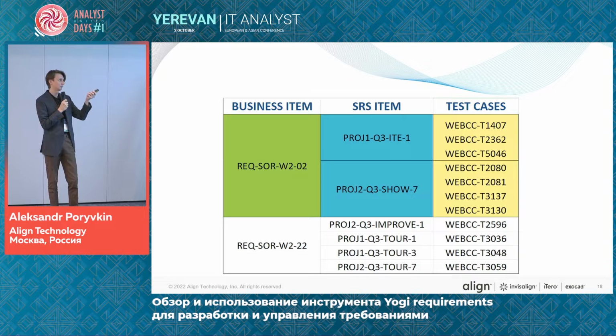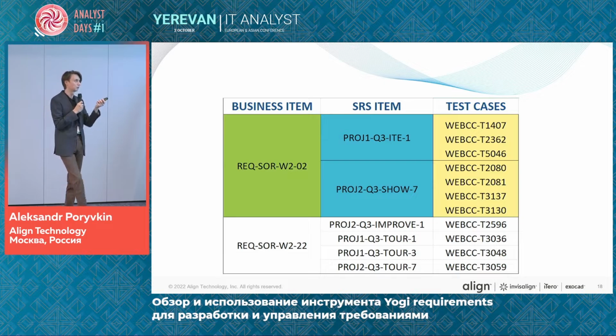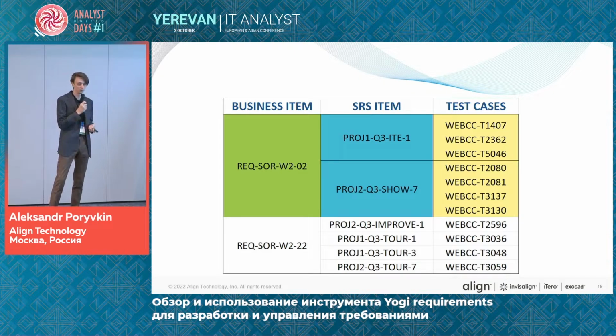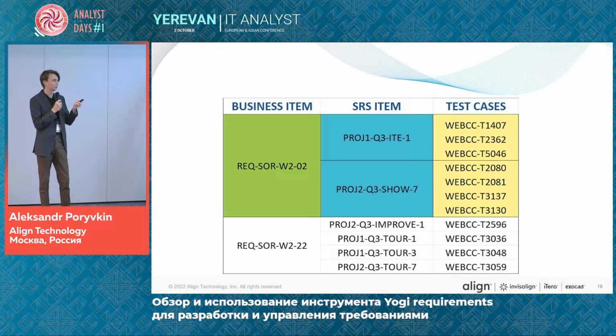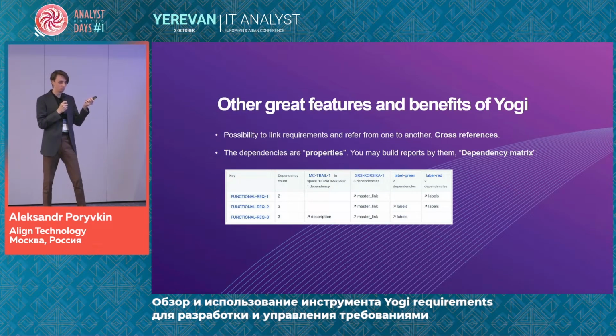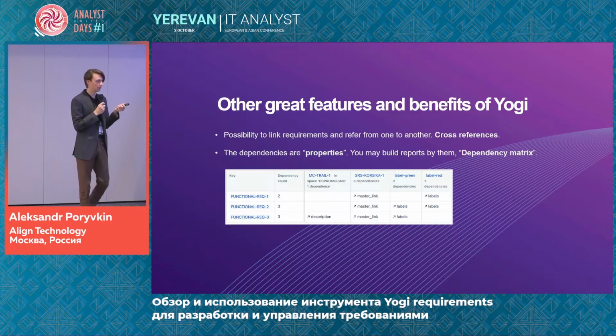This is how RTM looks with 2 business requirements identifiers. This is how they break down into system requirements with relevant test cases. In our case, we have a bunch of other attributes and identifiers that are not relevant in this context.